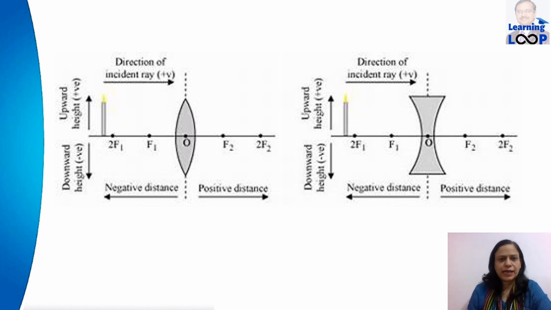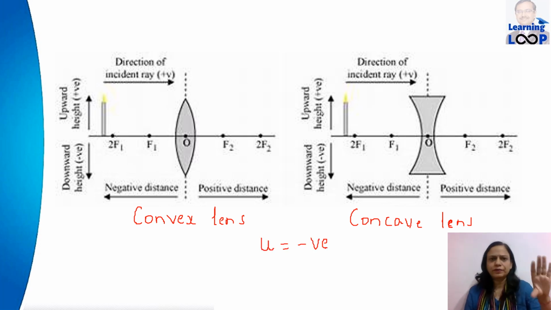The first figure that you see is a convex lens, and the second one is a concave lens. U is simply negative because we always place the object on the left hand side.